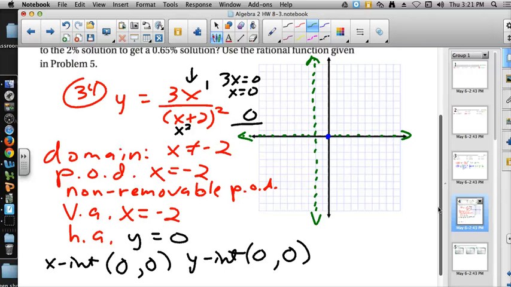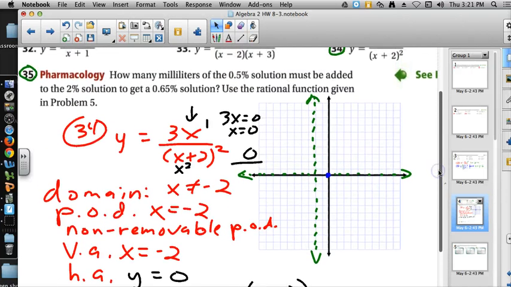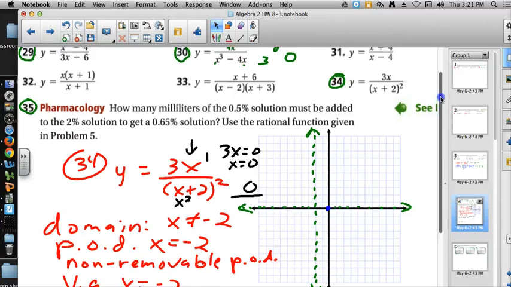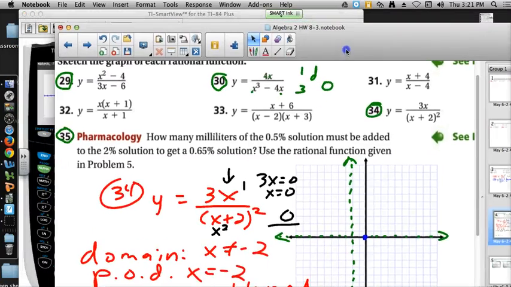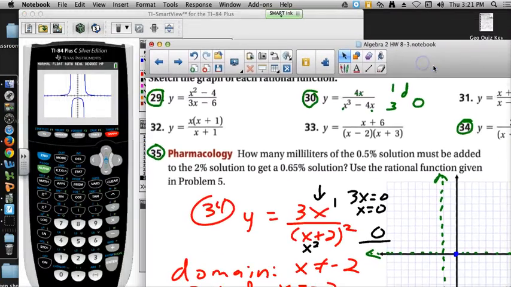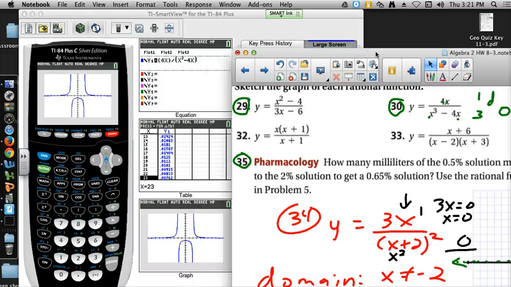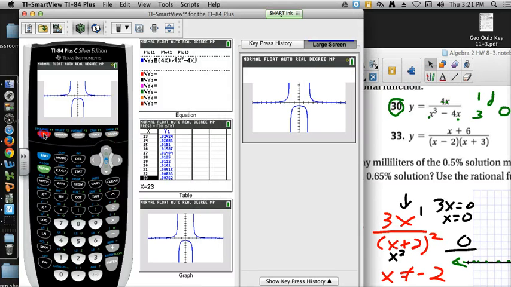And again, that doesn't necessarily mean that that's an asymptote. The horizontal asymptote is for the entire graph. It means for that portion of the graph, which would be, in this case, anything to the left of x equals -2. And now I need to get this so that we can see it. I'm probably not going to be able to make that happen, so I'll just punch it in over here so that you can see it.